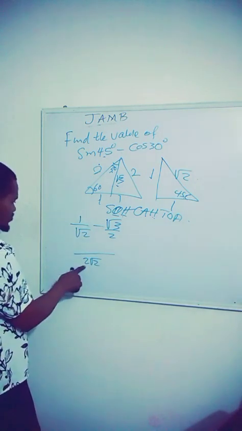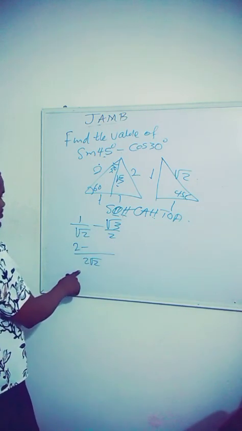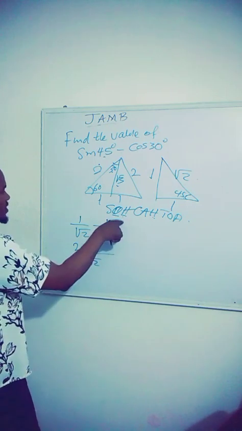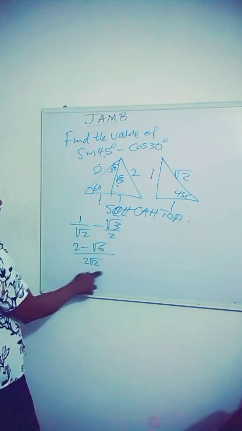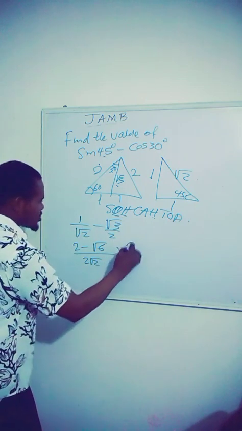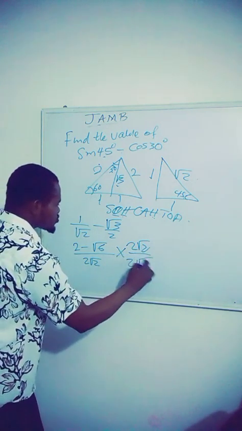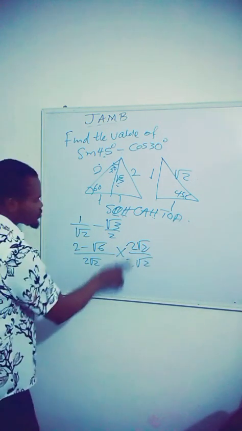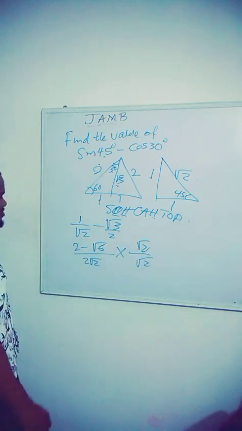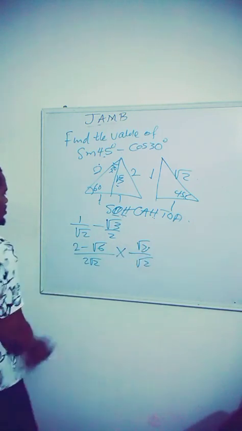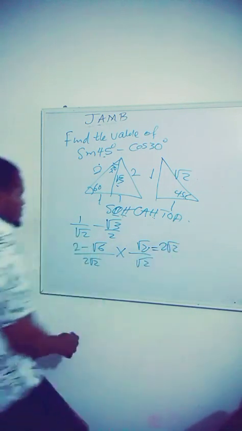Root cancel root, you are left with 2 times 1, 2 minus 2 cancel 2, right? Root 2 times root 3, that is root 6. Here, you can't leave it this way, you rationalize. 2 root 2 over 2 root 2. You can even use root 2 over root 2 to make it faster. You still get the same result. So root 2 times 2, we're having 2 root 2.